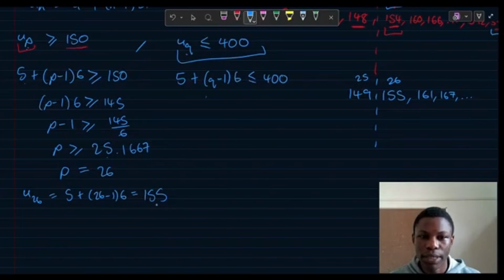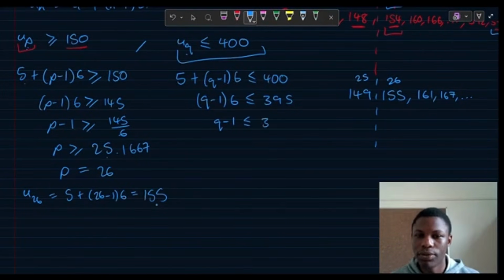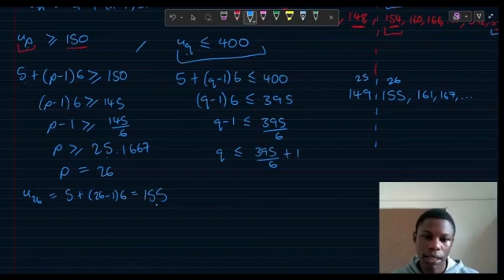Subtract 5 from both sides, q minus 1 times 6 is less than or equal to 395. Divide both sides by 6, q minus 1 is less than or equal to 395 divided by 6. Add 1 to both sides.